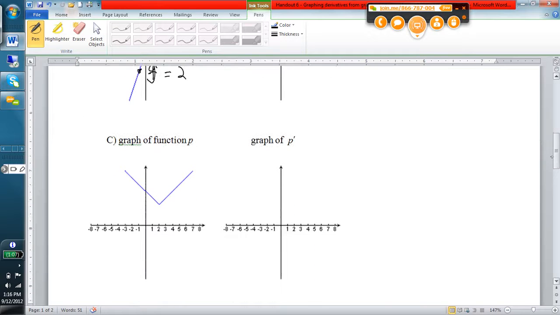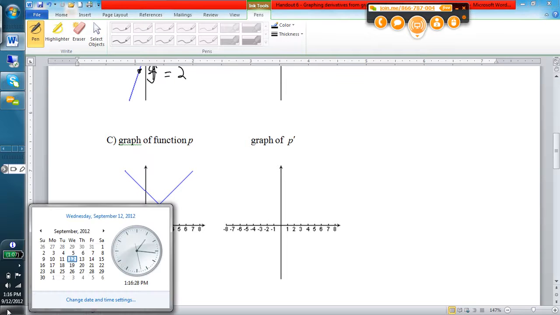All right, so C, here's our absolute value again. It's a little shifted over, but what do you see there? I see 2 lines coming together. First of all, though, let's talk about that corner. What is happening on the corner there?